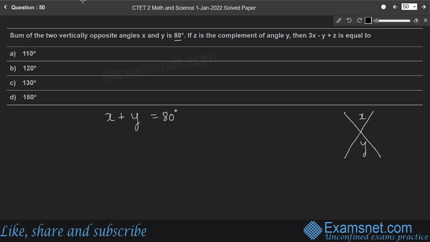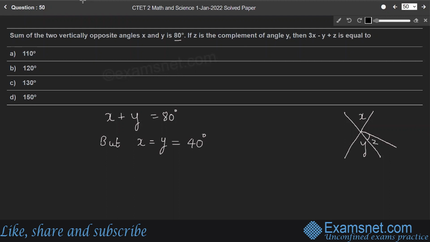But vertically opposite angles are equal in their measurement. So X is equal to Y, so it is equal to 40 degrees. X plus Y is 80 degrees. If Z is the complement of angle Y, so what is the complement of an angle? Two angles are said to be complementary angles if their sum is 90 degrees.